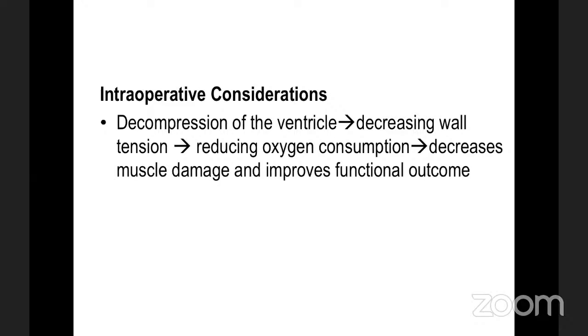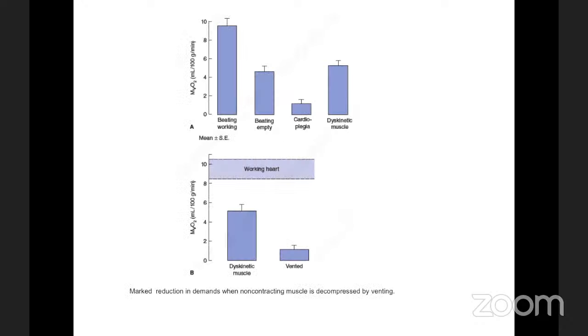Why? Because it decreases wall tension, which reduces oxygen consumption, decreases muscle damage, and improves functional outcome. And if you look at that, the oxygen requirement is lower with cardioplegia compared with the beating heart or the other groups.